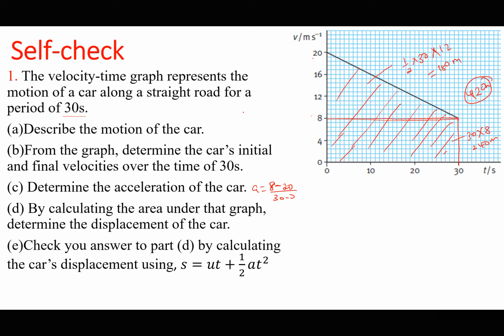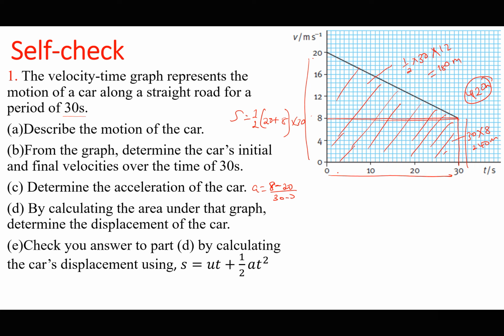Or you can use the formula for a trapezium to find this. So for a trapezium, the distance is going to be equal to a half. One side should be A, let's say A is 20, plus B, which should be 8. Then the height will be 30.